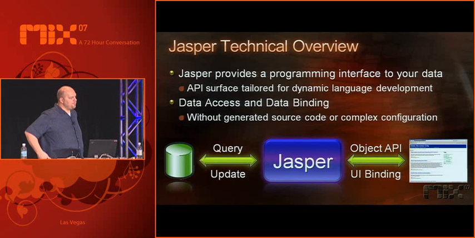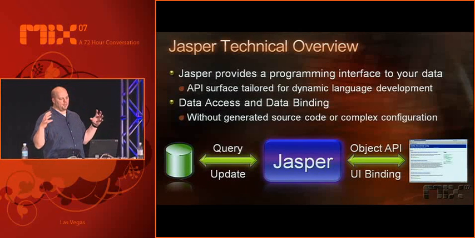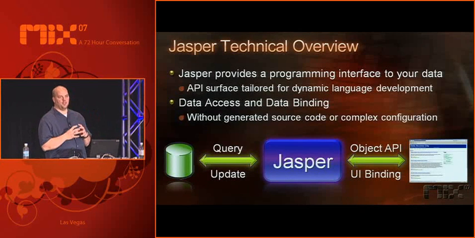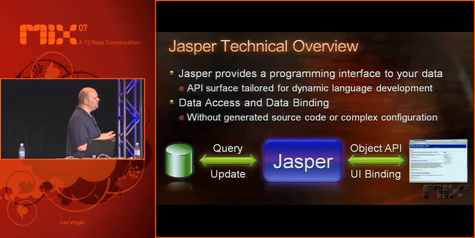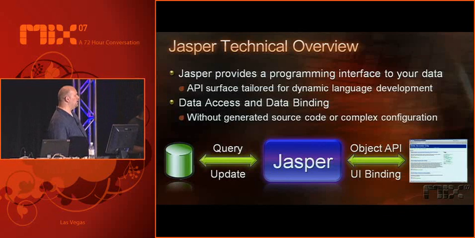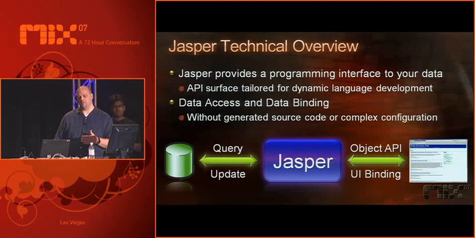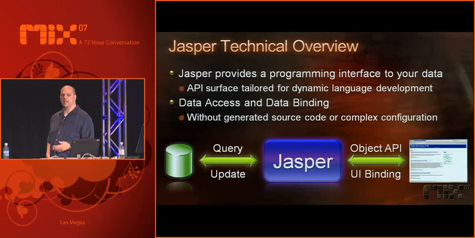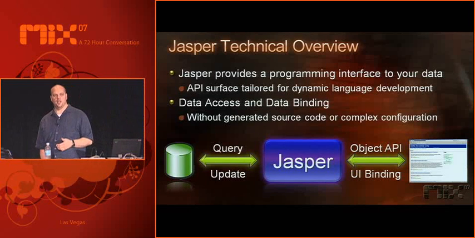So there's a way of thinking about Jasper and the components that it is, that's really this sort of magic in the middle picture. We have the database on one side. We have a clean query pipeline to it, the plumbing of which is traditional ADO.NET plumbing, and then the Entity Framework on top of that. And that also provides a clean update pipeline. So we still have a full-fidelity data access API that you're working with.